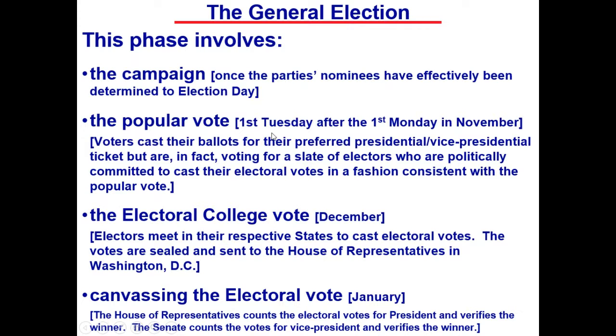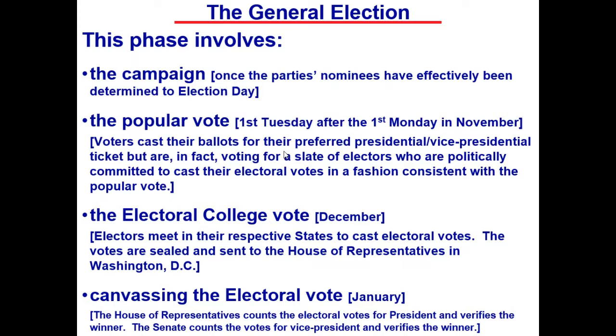And then on the first Tuesday after the first Monday in November, so it could be as early as November the 2nd or as late as November the 8th, voters all across the country, in some states where they have early voting periods, like Texas, even before, right?